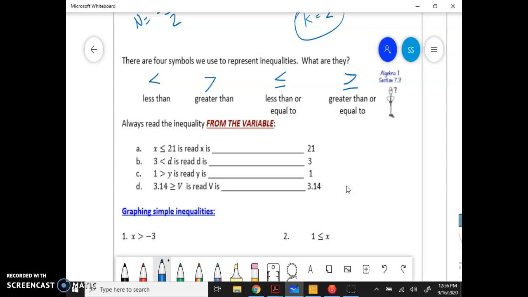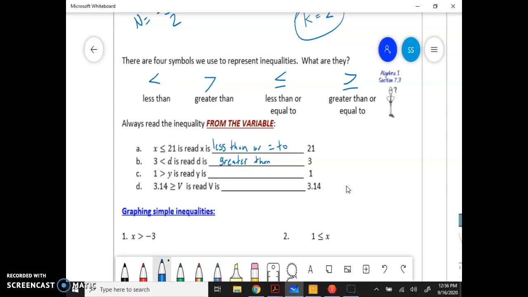So if I have x on the left side, I want to say x is less than or equal to 21. This is red. X is less than or equal to 21. Whereas this one here, D is on the right side, but we still want to read it from the variable. So this is D is greater than 3.